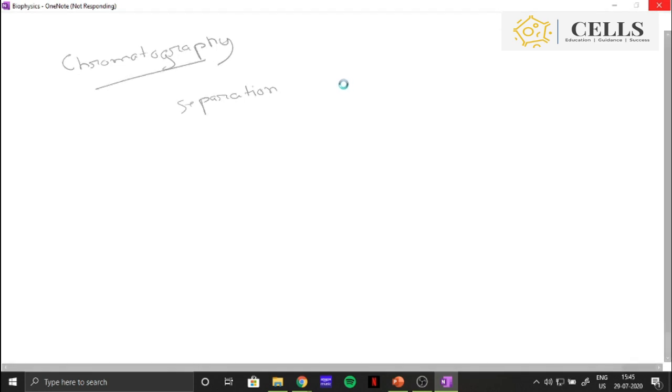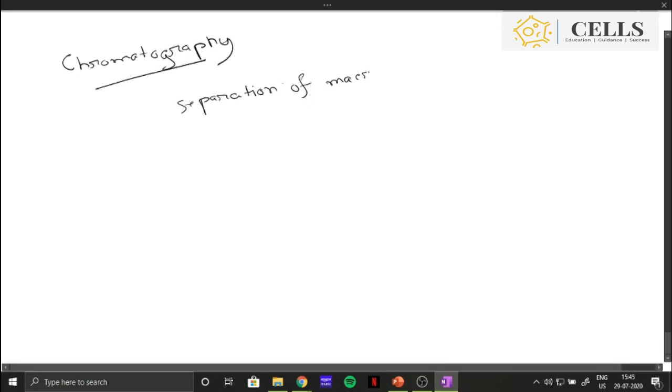Basically, we'll start with chromatography. So what is chromatography? Chromatography is basically separation of macromolecules from a mixture.